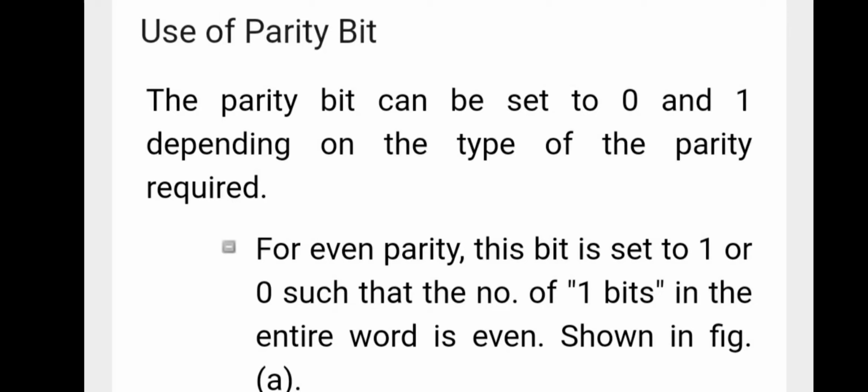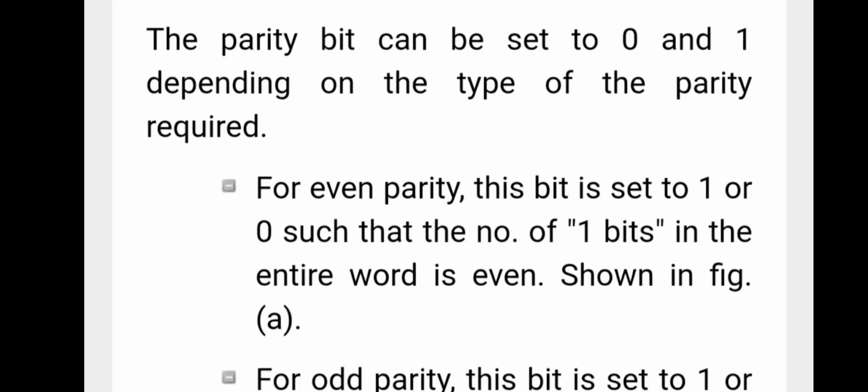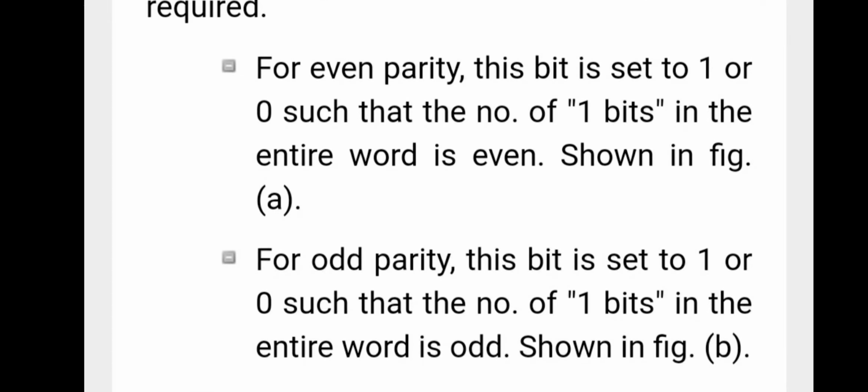For even parity, this bit is set to 1 or 0 such that the number of 1 bits in the entire word is even, as shown in the figure. Here we have two diagrams. For odd parity, this bit is set to 1 or 0 such that the number of 1 bits in the entire word is odd.